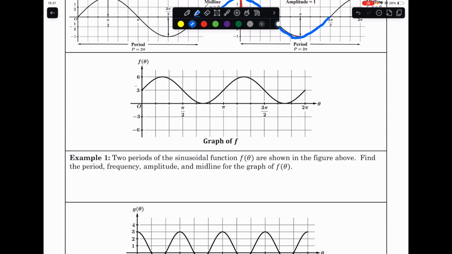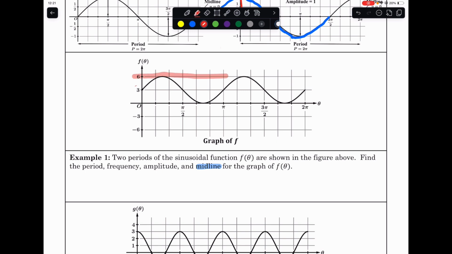I recommend finding the midline of the graph first, because that's always the easiest, in my opinion, since all we have to do is simply find the middle. If I focus on where the highest point on the graph is and where the lowest point on the graph is in terms of y, the highest y value is 6 and the lowest y value is 0. I can find the middle by using the midpoint formula. So I will add 6 plus 0 and divide it by 2.